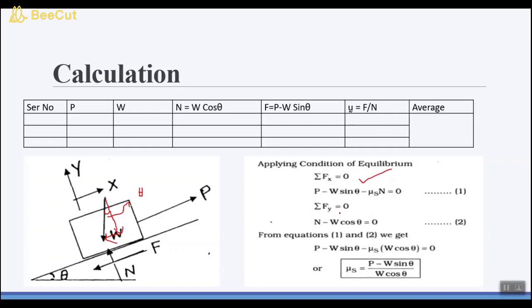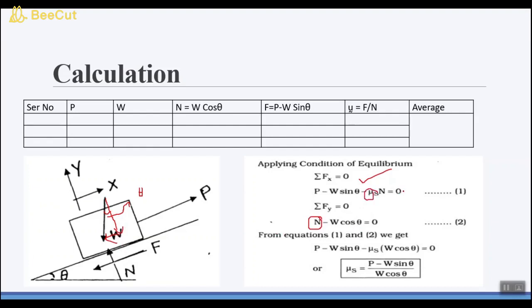Then you have to apply the summation of vertical forces is equal to 0. In vertical forces you have the normal force minus the cos component of the weight, which is acting downward, is equal to 0. Now you have two unknowns: one is the normal force and the other is mu s.